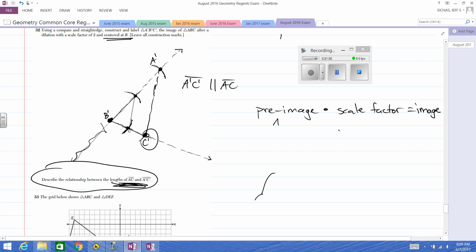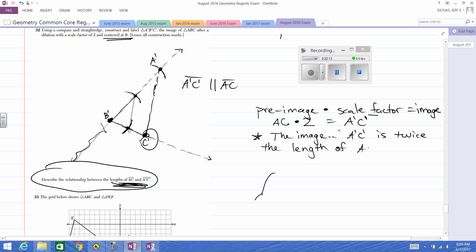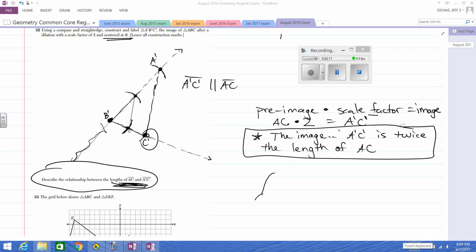The pre-image was AC, times 2 for the scale factor, equals the image A prime C prime. So you could say the image A prime C prime is twice as long, or twice the length of AC. Okay, showed some work, you explained, and we're all set.